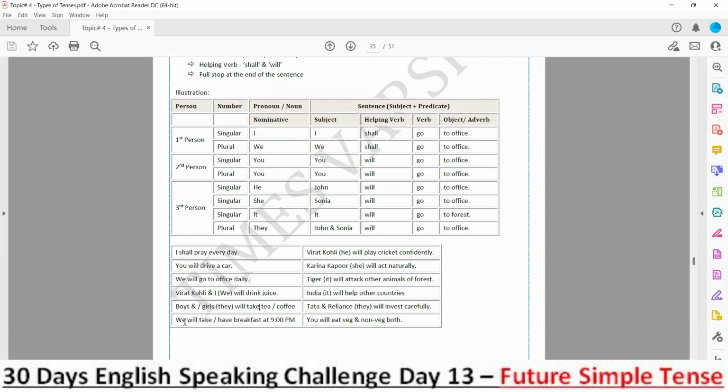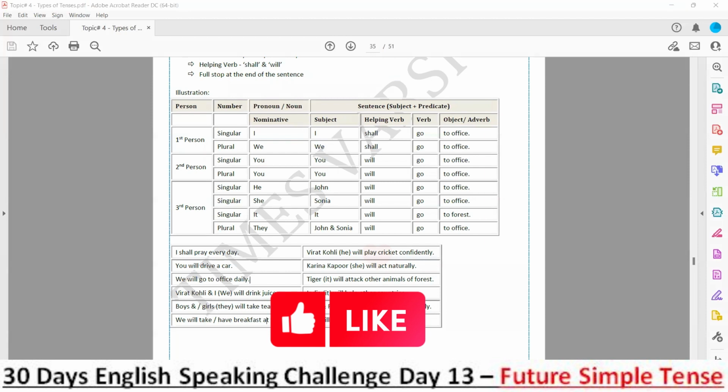So you can say, we will have breakfast at 9 a.m. One of these two verbs you need to use. You cannot use both verbs in one sentence. Here, I have mentioned that both verbs can be used.